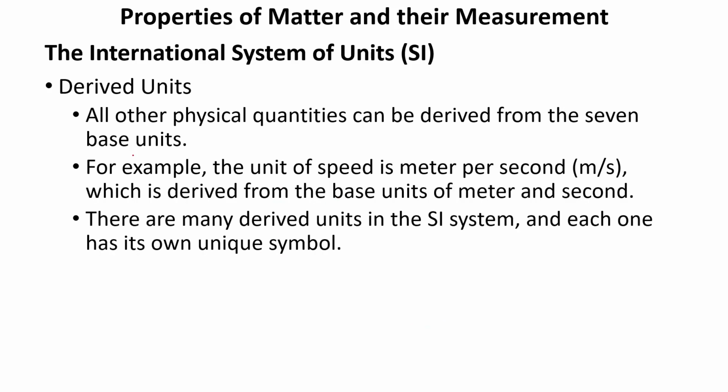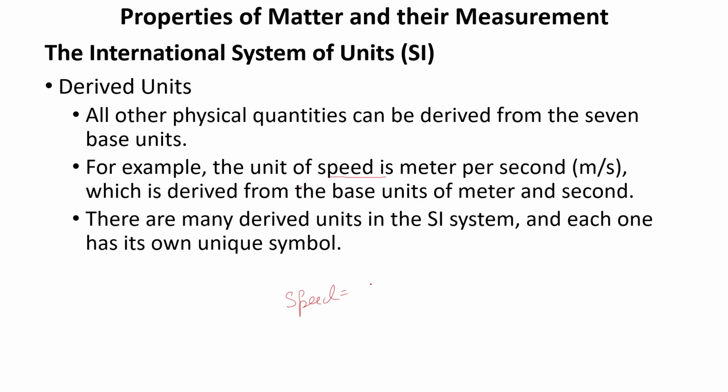Okay, now we will move to derived units. All other units other than the seven base units are the derived units. Whether it is the speed, it is a derived unit, or the acceleration, it is a derived unit. So there are many derived units in the SI system. So how is speed a derived unit? What is the formula for speed?